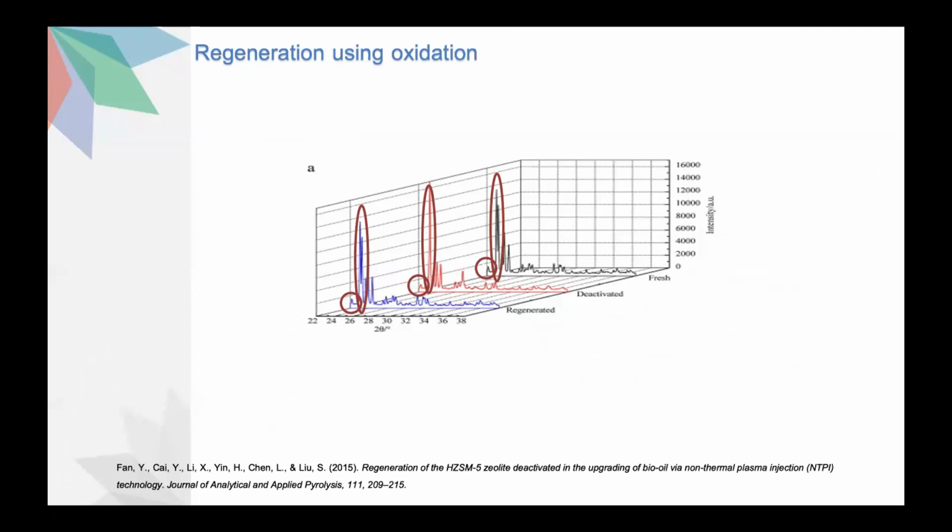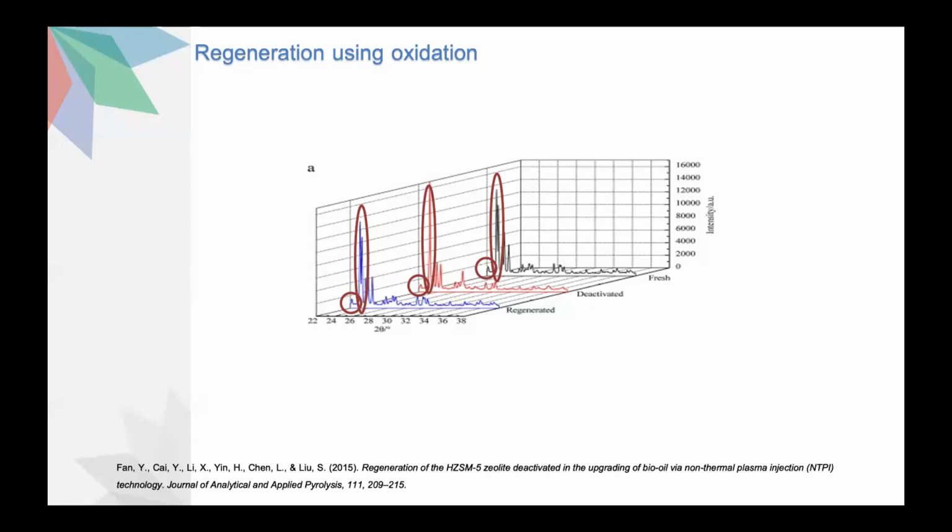The diffraction angles of HZSM-5 zeolite were in accordance with HZSM-5 zeolite in the range of 2 theta equal 22 to 25 degrees, compared with the XRD pattern of deactivated and regenerated HZSM-5.